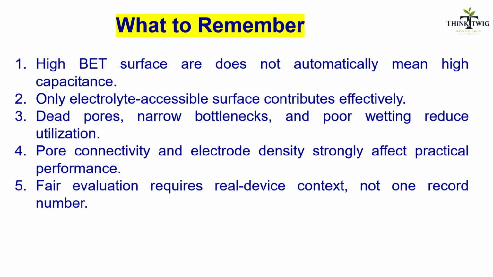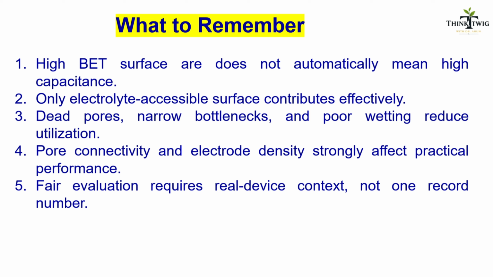Then comes pore size. Do the pore dimensions work well with the ion and its solvation behavior? Then comes connectivity. Can ions reach those pores through an effective pathway? Then comes wetting. Does the electrolyte properly contact the internal surface?